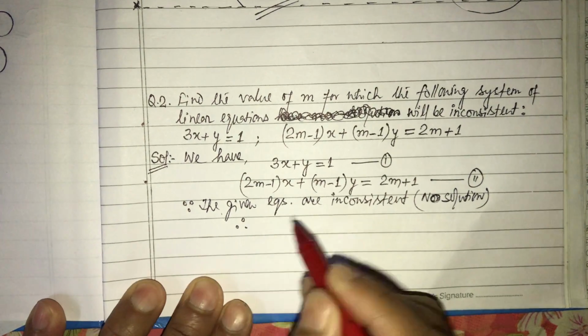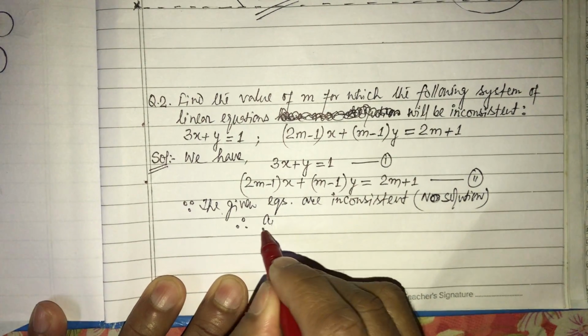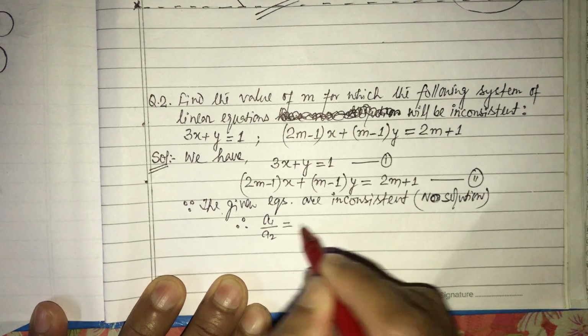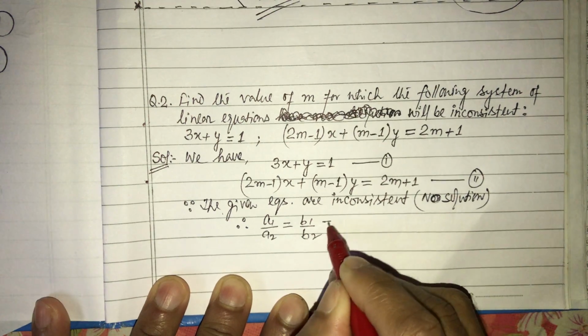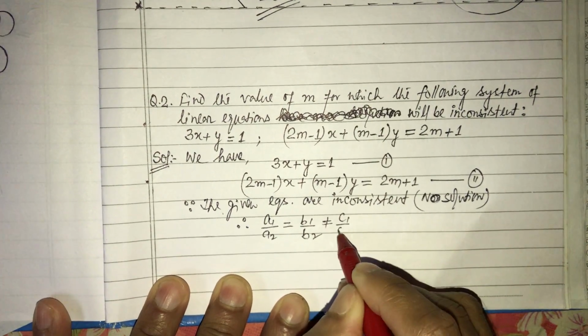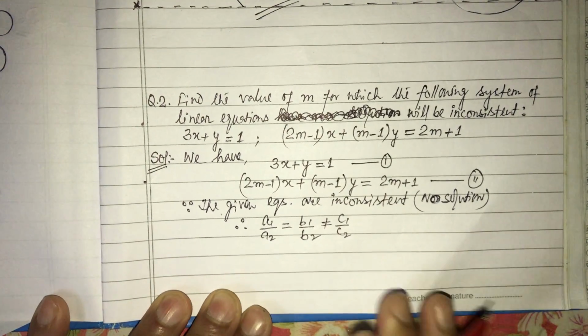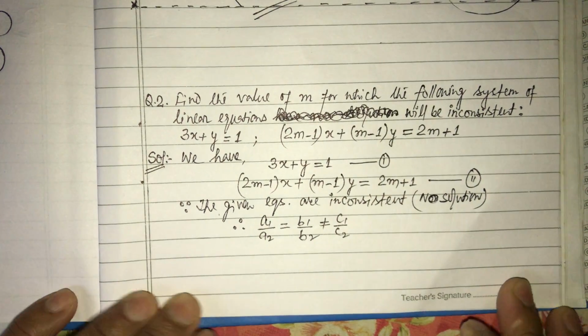Now we will use here a1 by a2, b1 by b2. First two are equal and the third one is not equal. So this is the condition for your no solution or inconsistent.